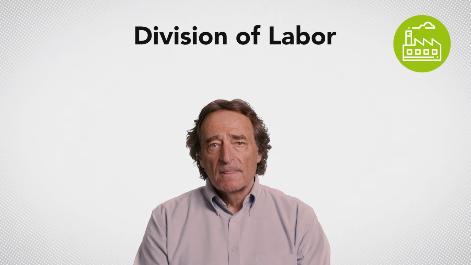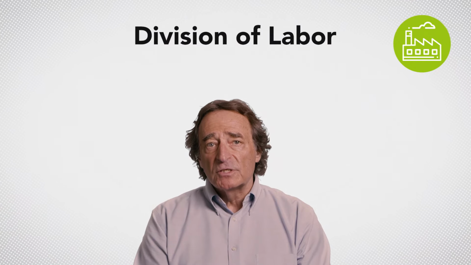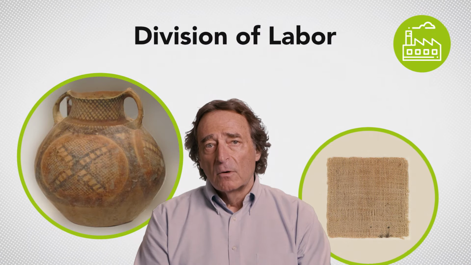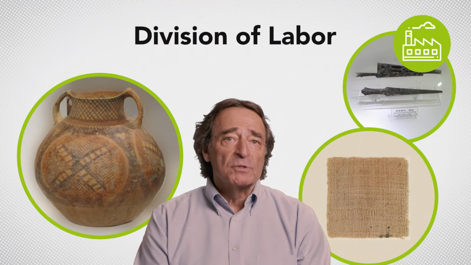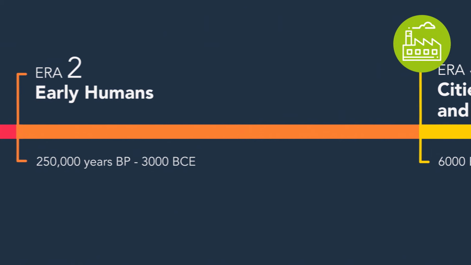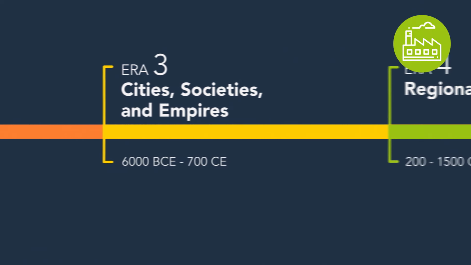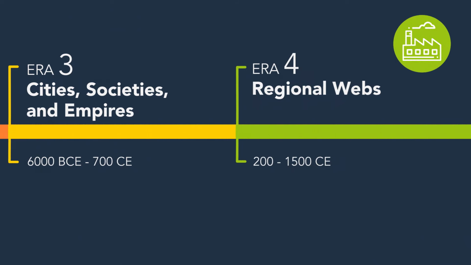Through these changes, a division of labor developed. Some people became specialists in certain crafts or services, such as pottery, weaving, metalworking, and even providing protection. This process continued over time and grew even more intense as more and more people worked in areas outside of food production, as you will study across Eras 3 and 4.